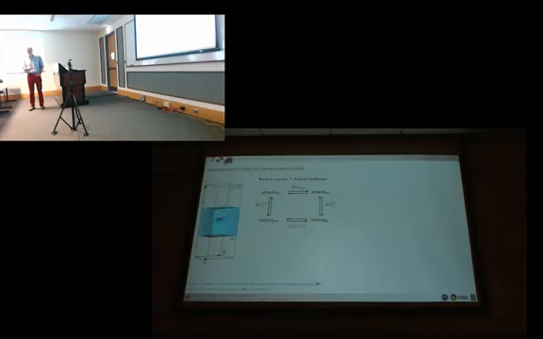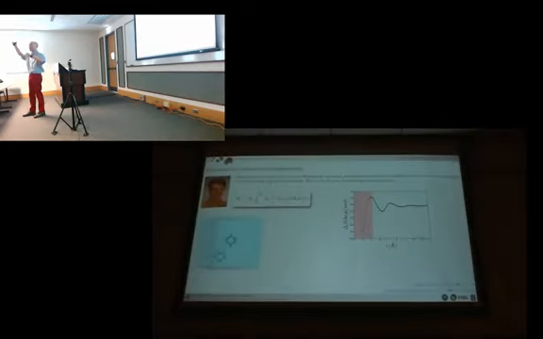And that will give you a potential of mean force. This is the colvar, the collective variable that you define. Basically, you get your potential of mean force, and you get two plateaus, and the difference between these two plateaus is the hydration free energy. Okay.